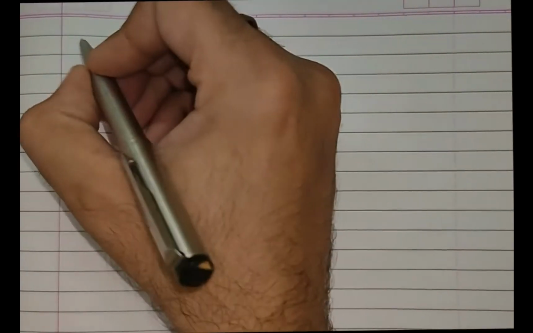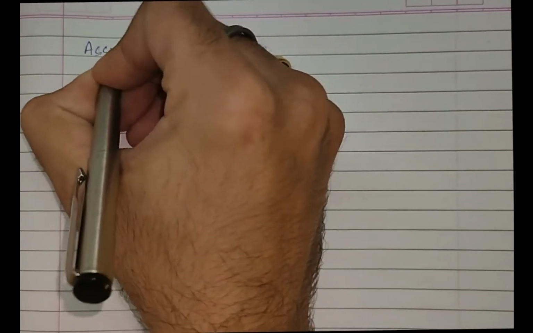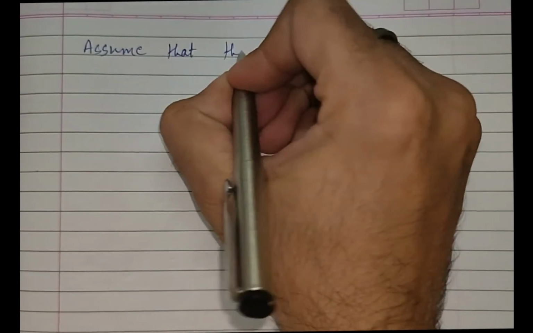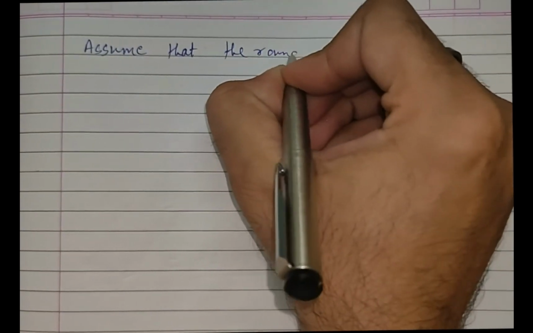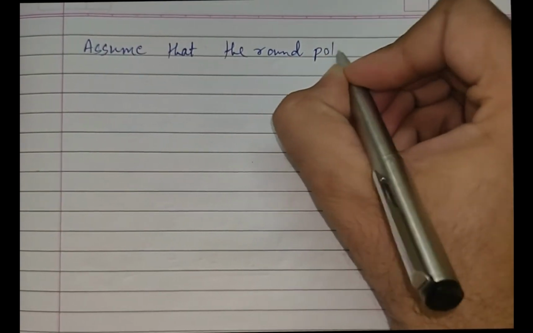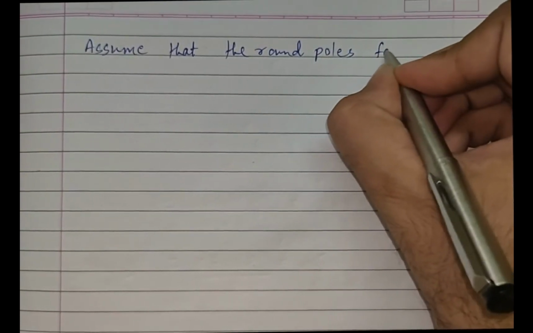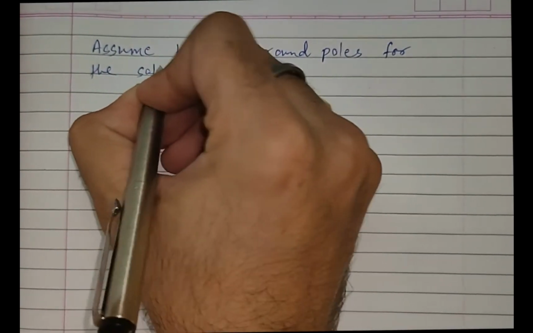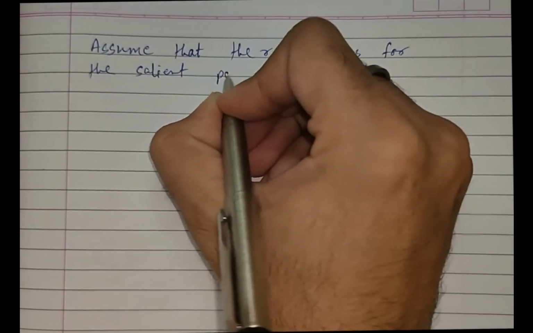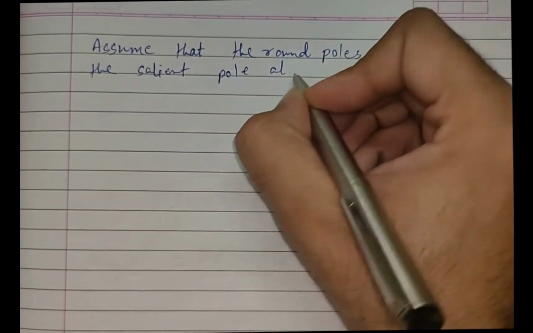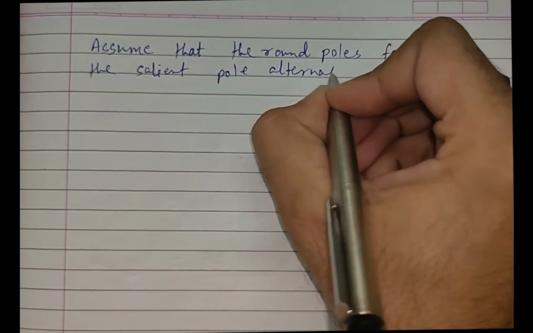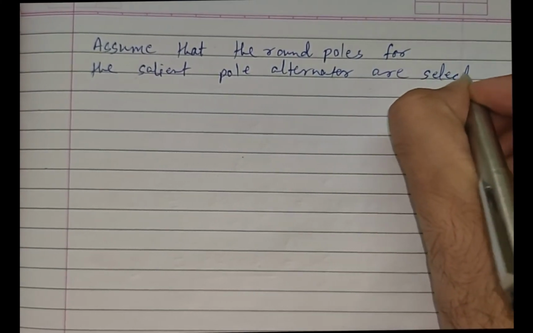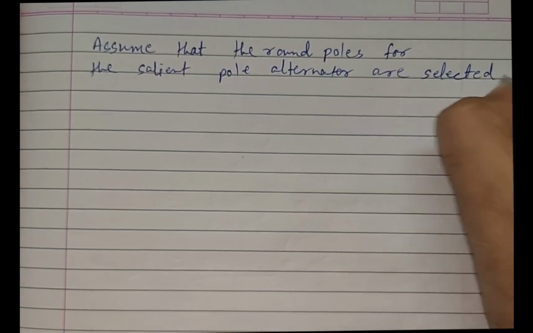Now let us assume that the round poles for the salient pole alternator are selected. So why is this assumption made?